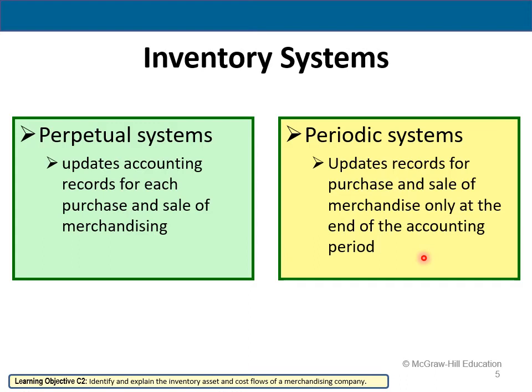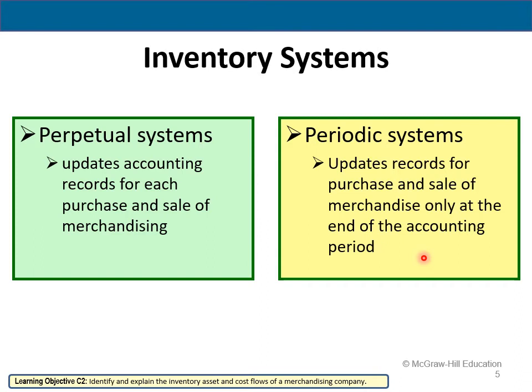And typically that corresponds with a physical count of inventory. Not unlike what we did with adjusting entries, you go and physically count the inventory that's on the shelves in your retail establishment or in the warehouse, whatever it may be.